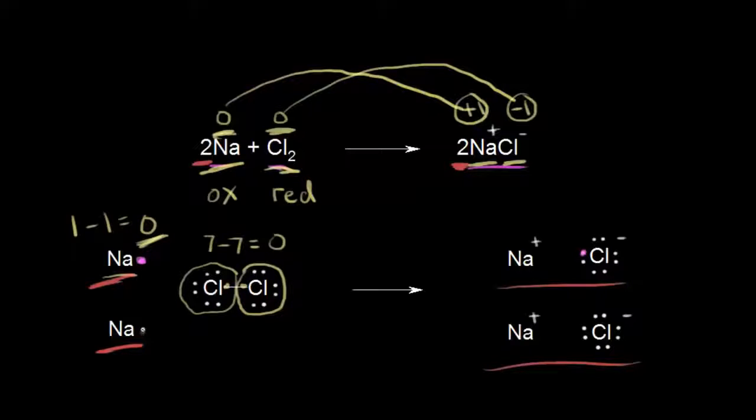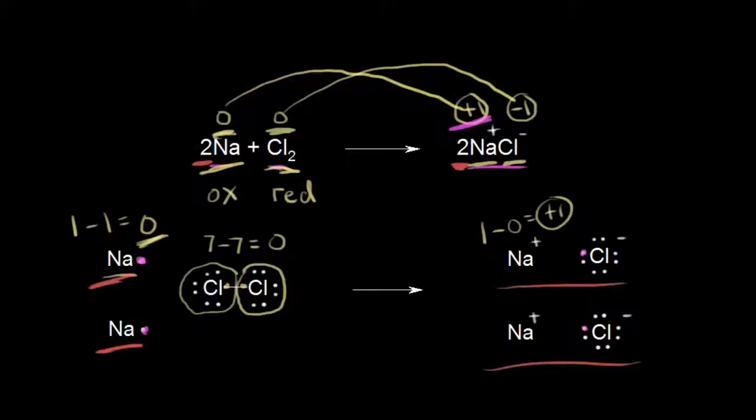And then this electron on this sodium added on to the other chlorine like that. And so sodium lost its valence electron. Each sodium atom lost its valence electron, forming a cation. And when we calculate the oxidation state, we do the same thing. Sodium normally has 1 valence electron, but it lost that valence electron. So 1 minus 0 is equal to +1 for the oxidation state, which is also what we saw up here.